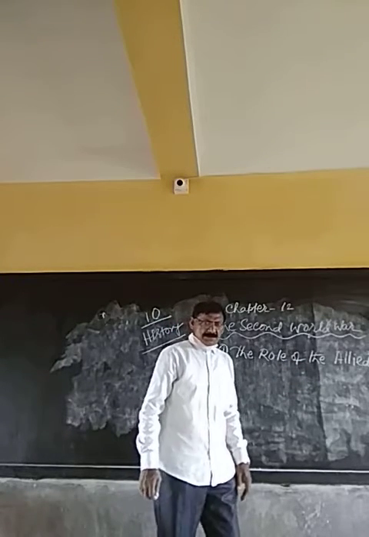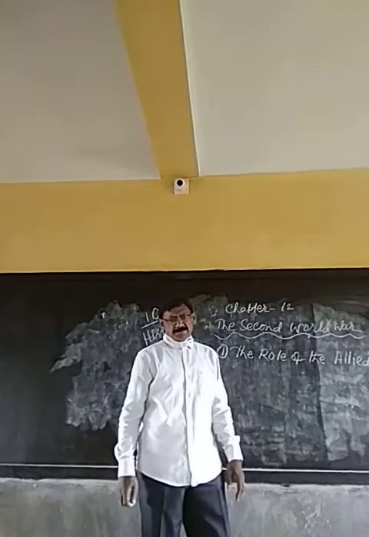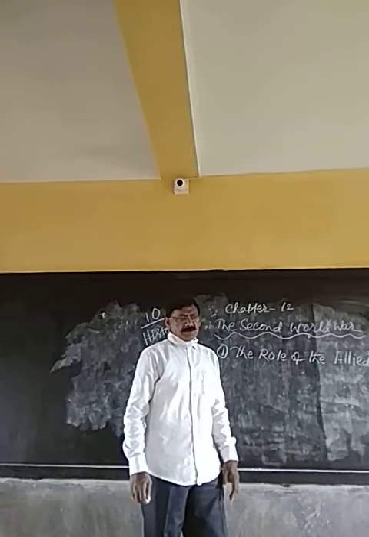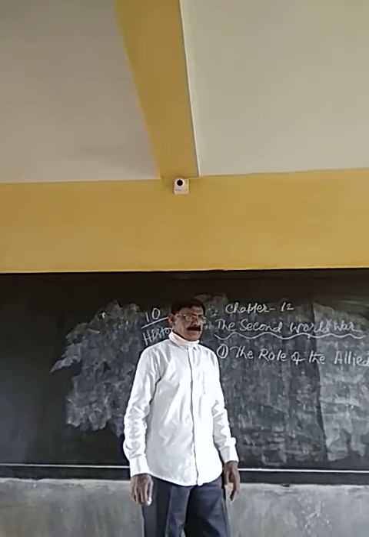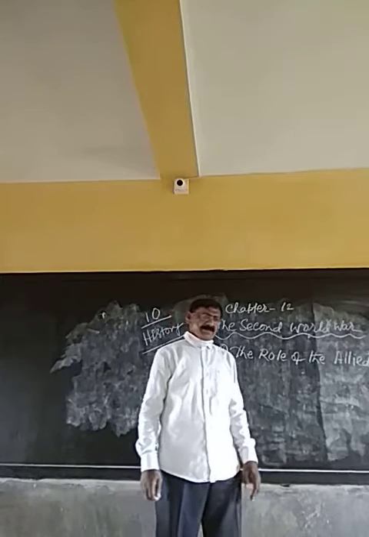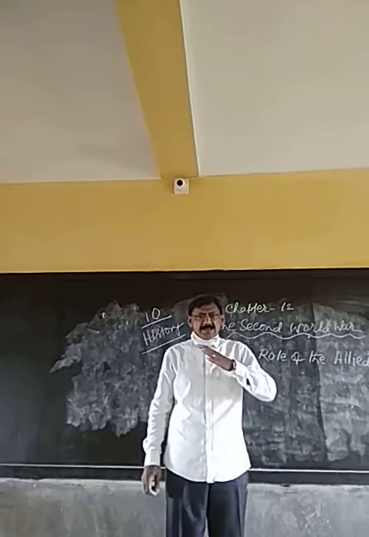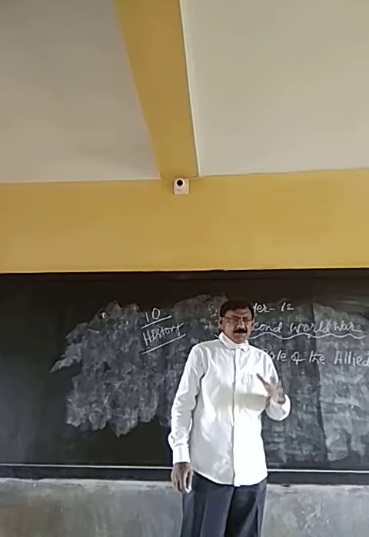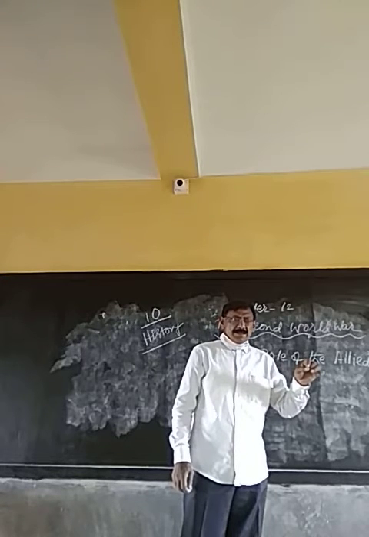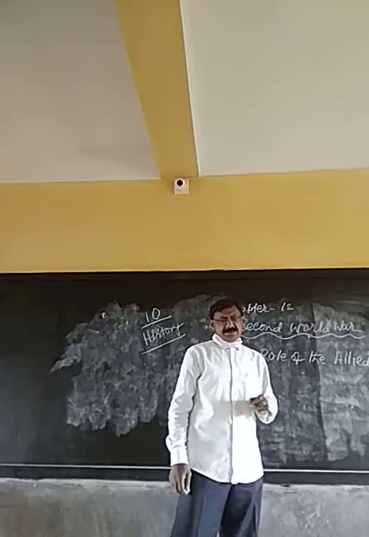The Allied powers were responsible for the Treaty of Versailles. The Allied powers decided to destroy the entire economy of Germany. That's why they forced them to sign the harsh and humiliating Treaty of Versailles.